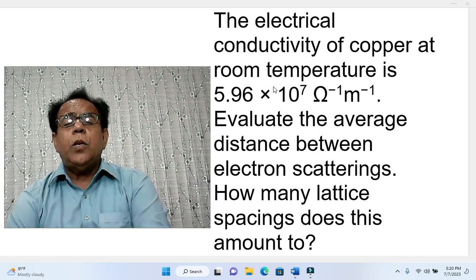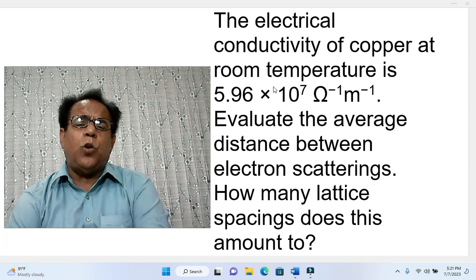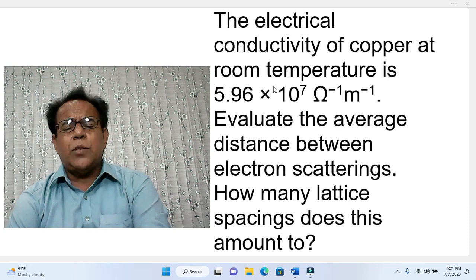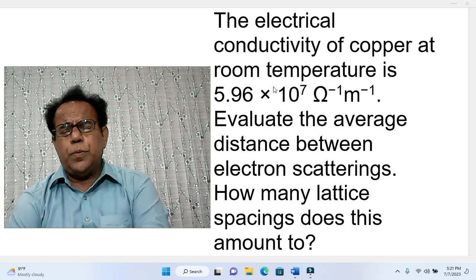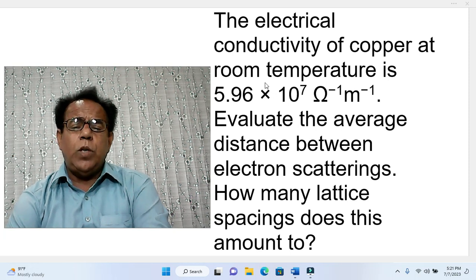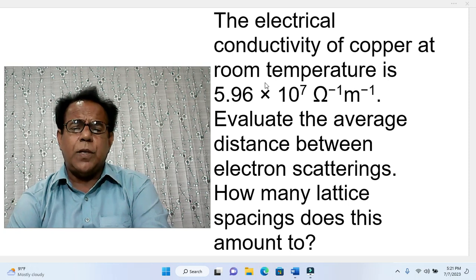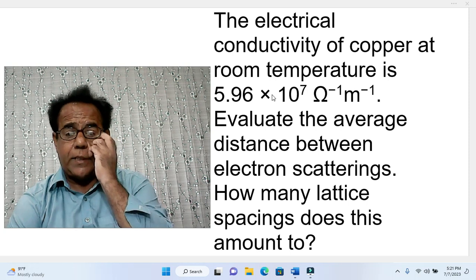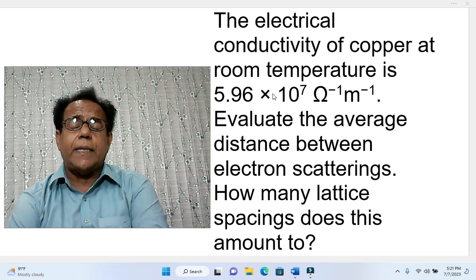We can convert 20 degrees centigrade into Fahrenheit and also into Kelvin absolute temperature. For the purpose of solving problems of this nature, that is solid state physics, room temperature has been taken as 20 degrees centigrade.